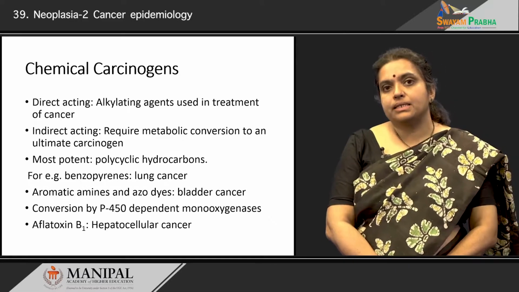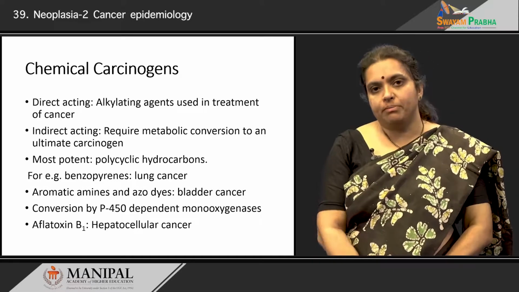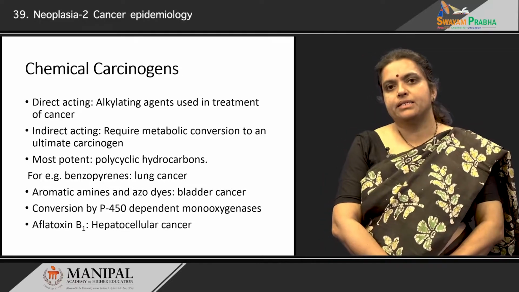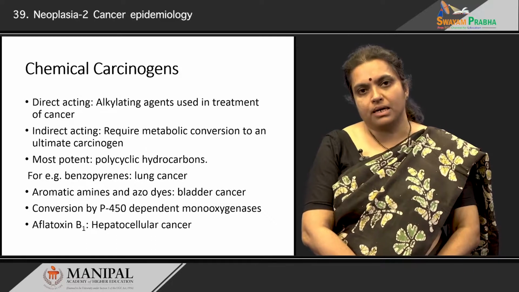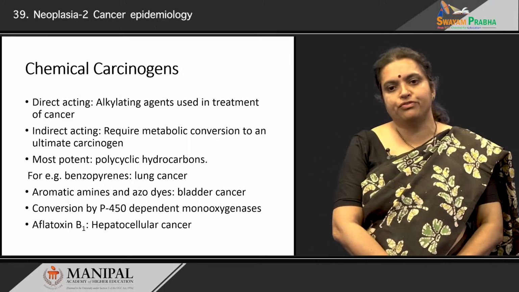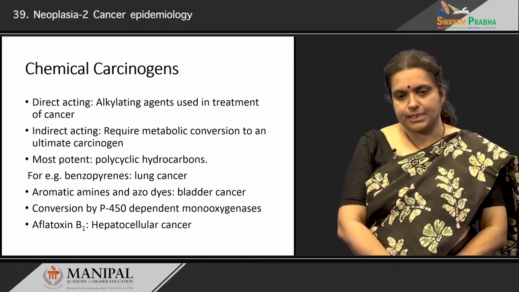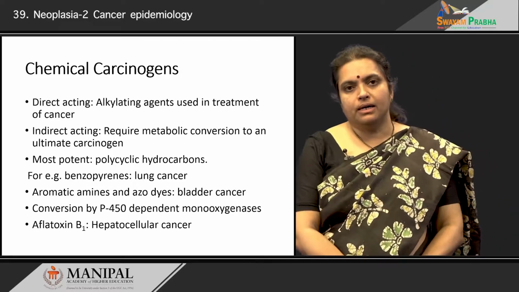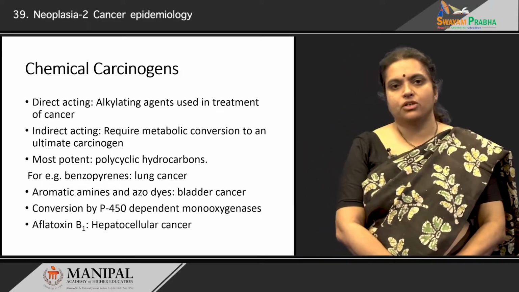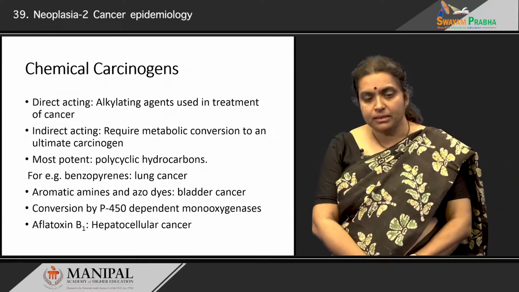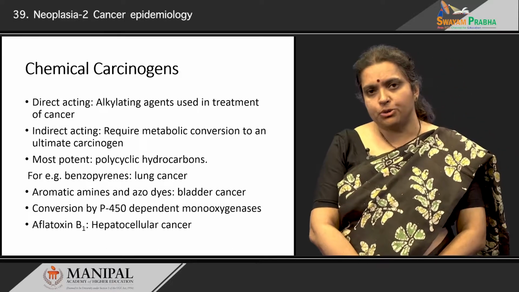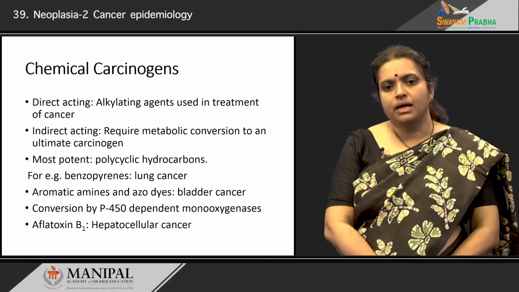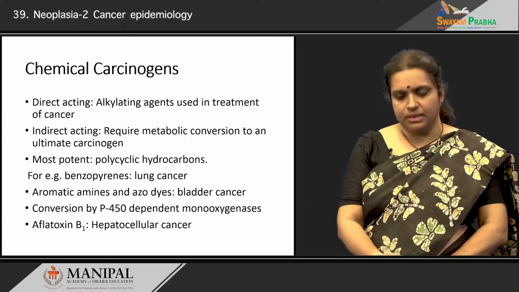In other words, the development of cancers is limited by the genetic ability to convert these carcinogenic agents by the P450 dependent monooxygenase. Now, there is also another substance called aflatoxin B1, which can grow in improperly stored nuts and so on, and these can cause hepatocellular cancer.